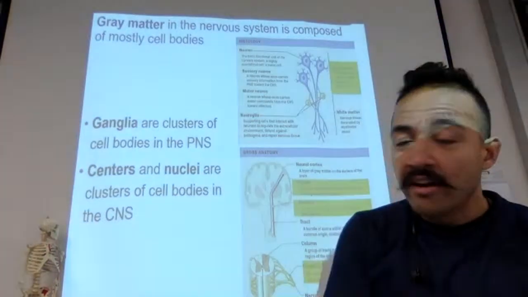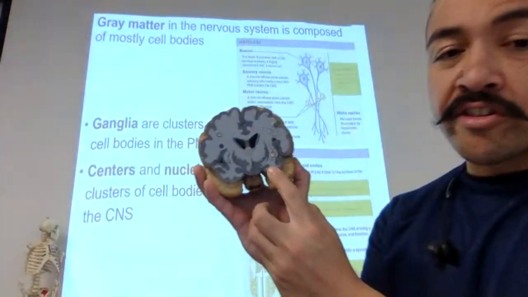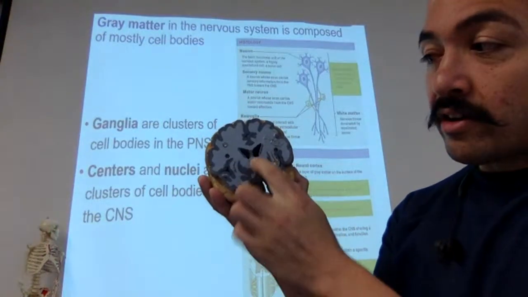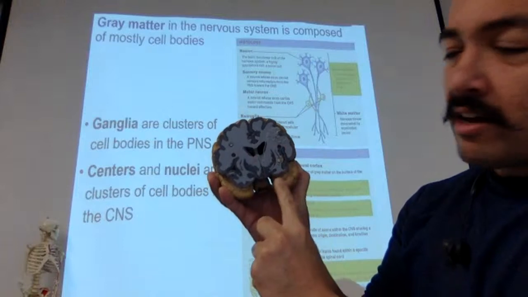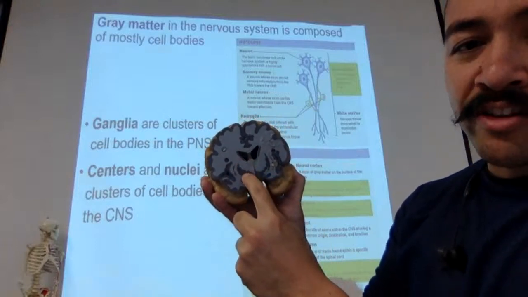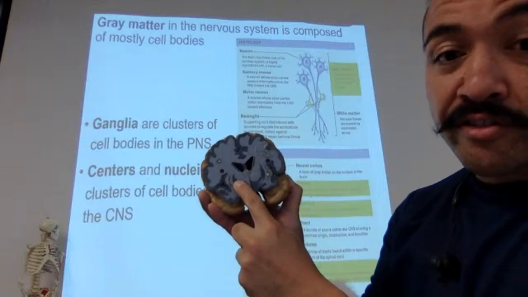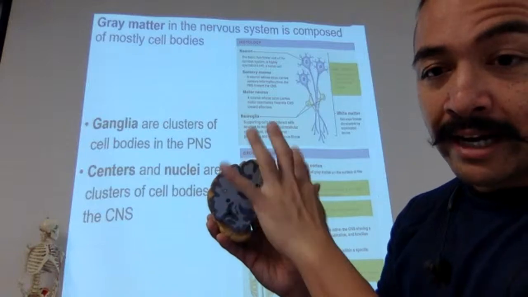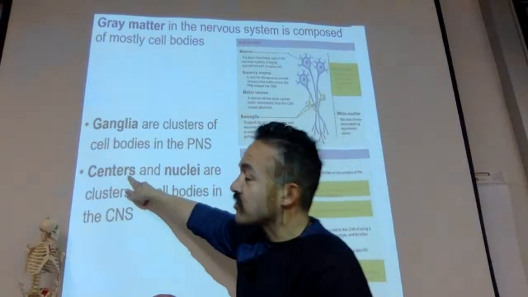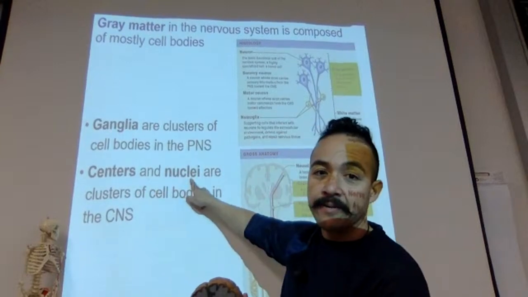If you have clusters of gray matter that are deeper in the brain, so you can see that there's gray matter on the outside, but then you also have some gray matter towards the inside. If you have clusters of cell bodies somewhere in the middle of the brain, deeper in the brain, not on the surface, that's called a center or a nucleus, or plural centers and nuclei.